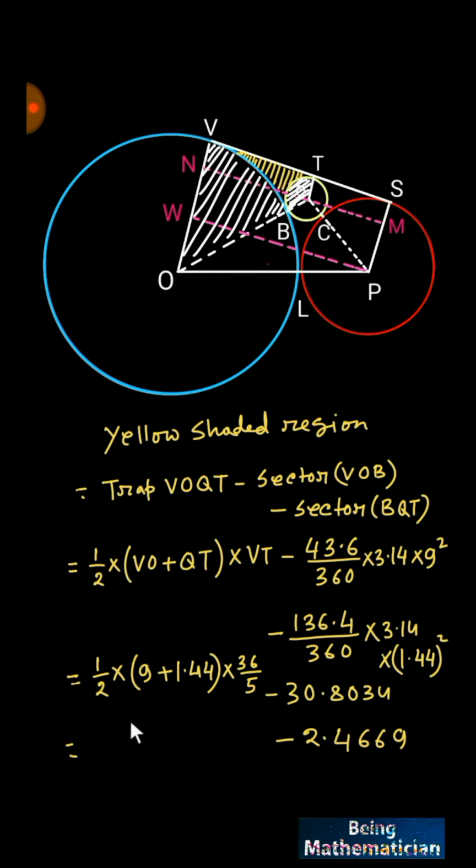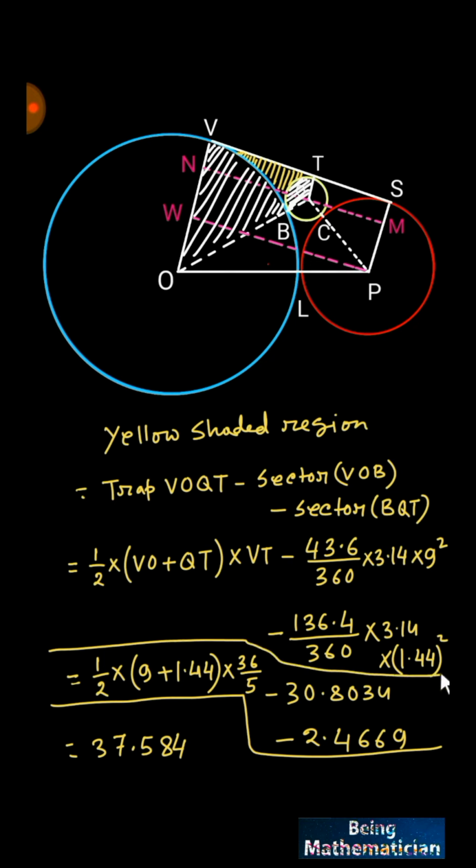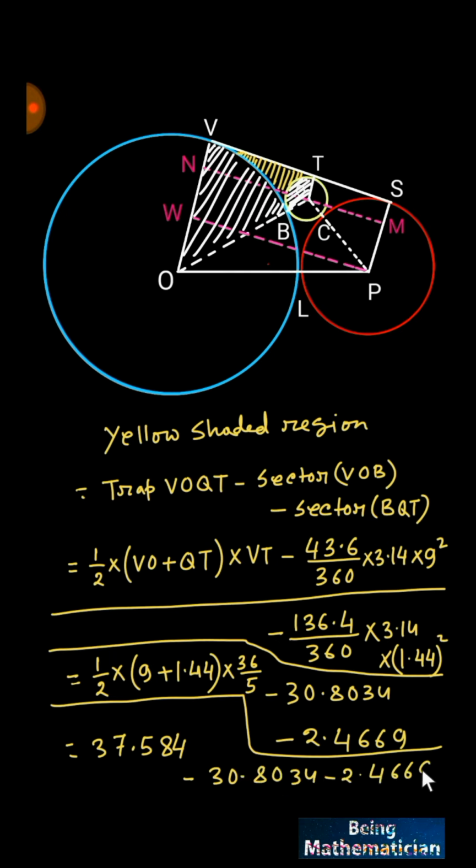Now let's do this calculation, and it is 37.584 minus 30.8034 minus 2.4669.